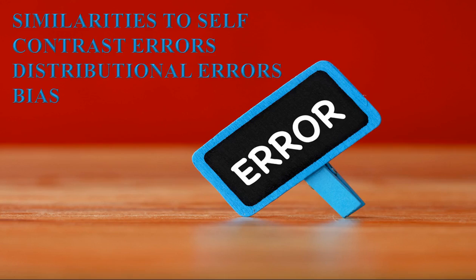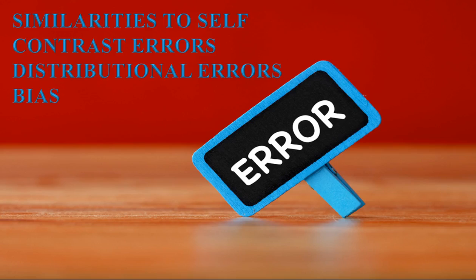I've also got listed contrast errors. With contrast errors, the rater compares individuals not against objective standards, but against other employees. Well, you're just not as good as Billy Bob, so I'm going to rank you lower. Why is that person lower? Is there something specific? With distributional error, the rater uses only part of the rating scale.